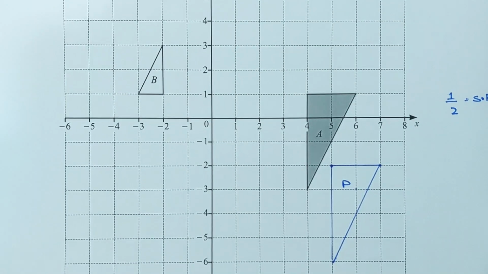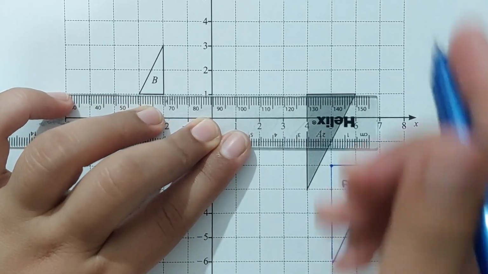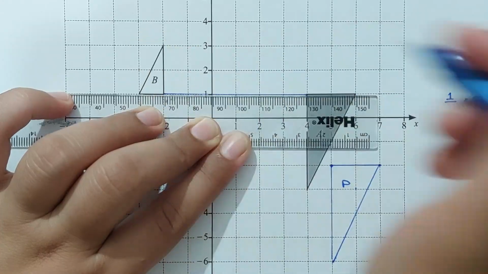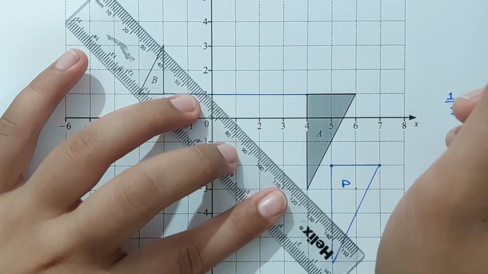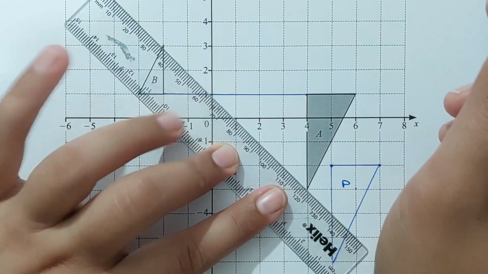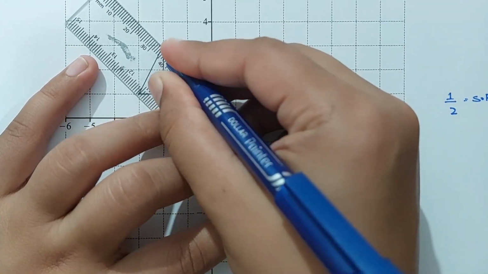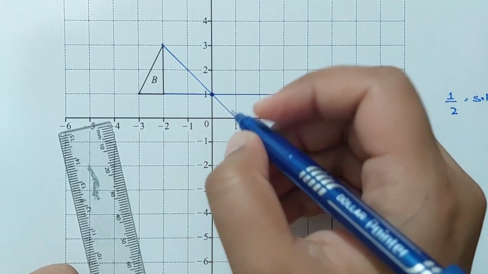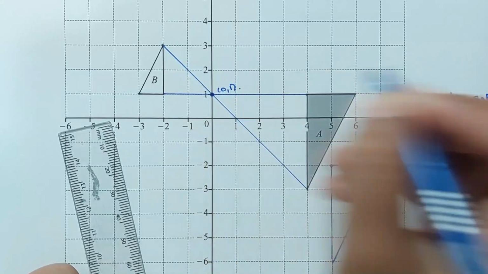Okay, to get the center, first we have to connect the first vertex with its corresponding vertex, and likewise for these two vertices. So all three lines meet at this point, which is (0, 1). That is the center of enlargement.